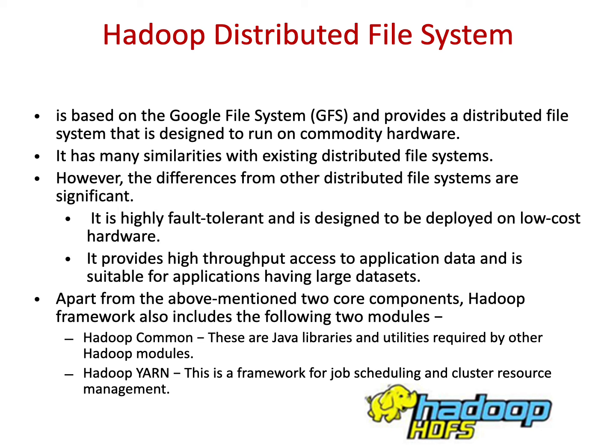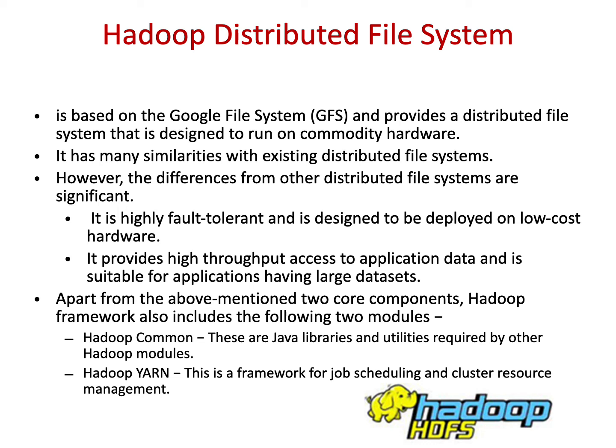However, the differences from other distributed file systems are significant. It is highly fault tolerant, designed to be deployed on low cost hardware, and it provides high throughput access to application data, and is suitable for applications having large data sets.